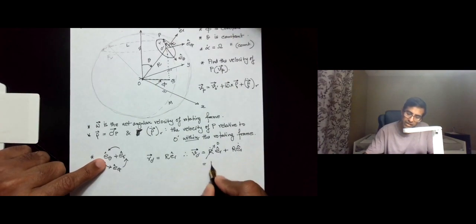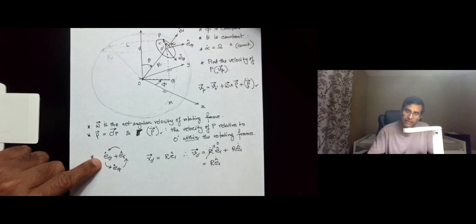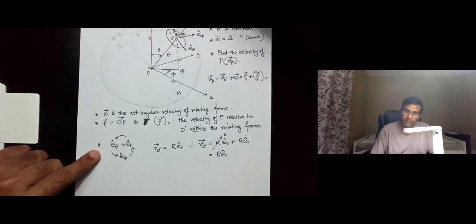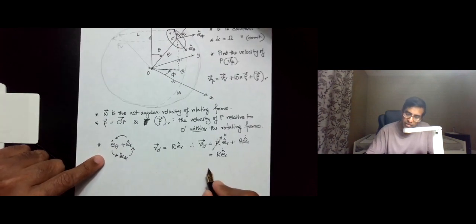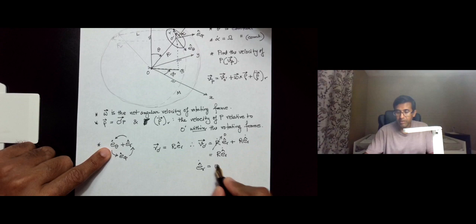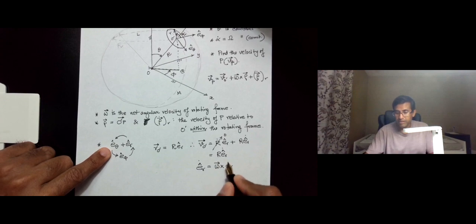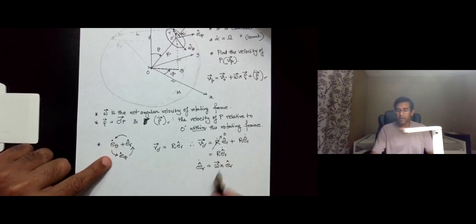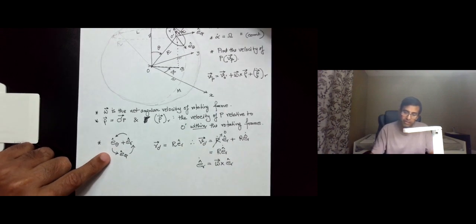So what we have is r ER dot. Now what is ER dot? We know that the time derivative of a rotating unit vector is nothing but omega cross ER, where omega is the net angular velocity of the rotating frame, right?